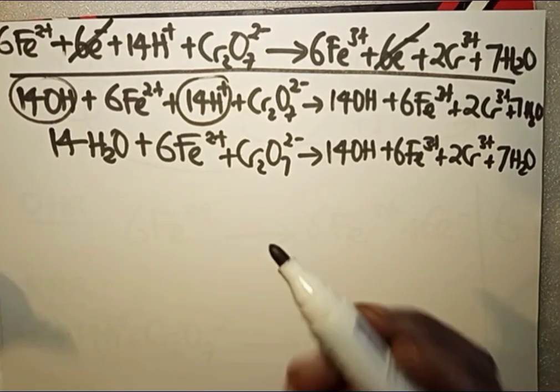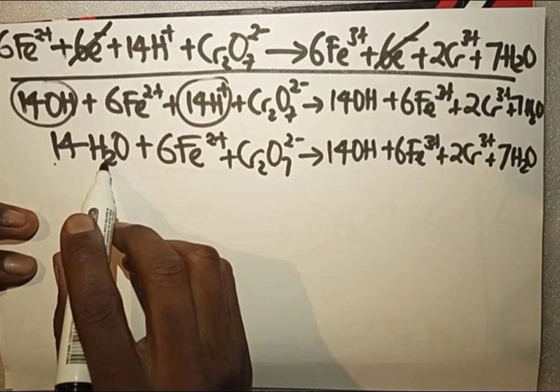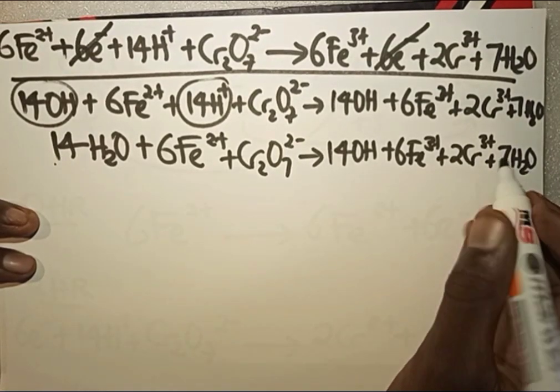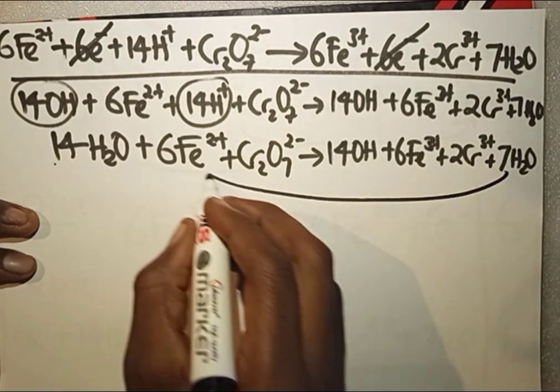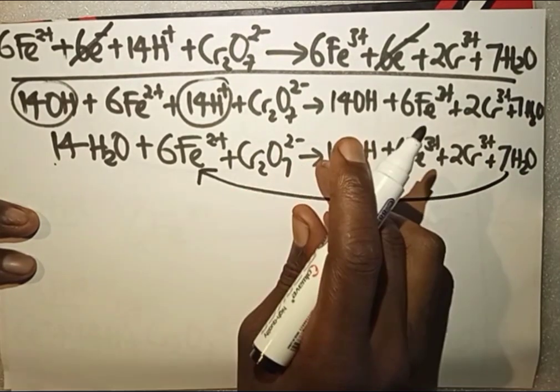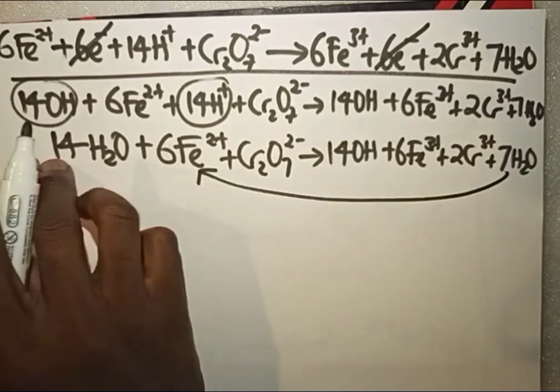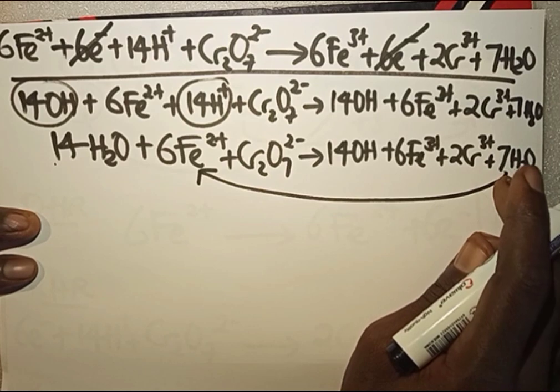All right, so now this side we have 14 water molecules, this side we have 7 water molecules. When these 7 water molecules come this side, they cross the yield sign, they'll have a negative sign. So 14 minus 7 will remain with the 7.